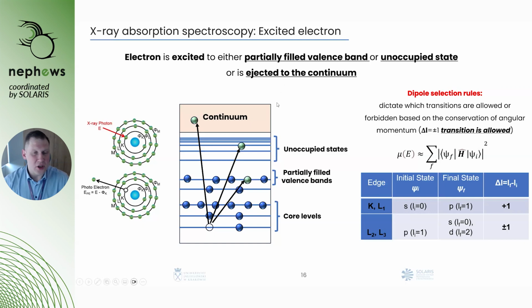These transitions are governed by the dipole selection rule, if we speak about transitions inside the atom. The dipole selection rules dictate which transitions are allowed or forbidden. A transition is allowed if we have a change of angular momentum of ±1. Here you can see in the table which transitions are allowed in the case of K or L edges.